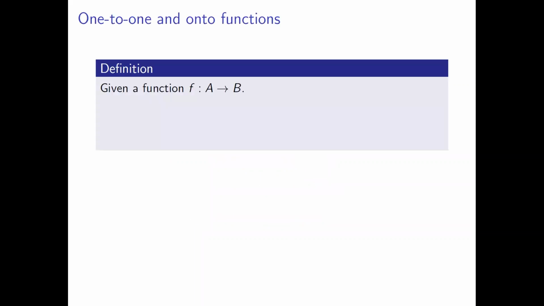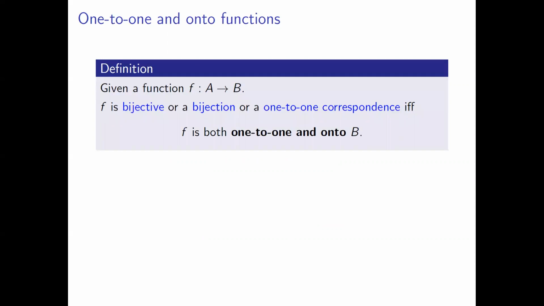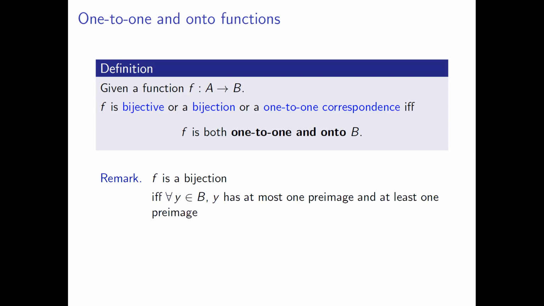Given a function f from a set A to a set B, f is said to be bijective, or a bijection, or a one-to-one correspondence, if and only if f is both one-to-one and onto B. It follows that f is a bijection from A to B if and only if, for any object y in B, y has both at most one pre-image under f and at least one pre-image under f.